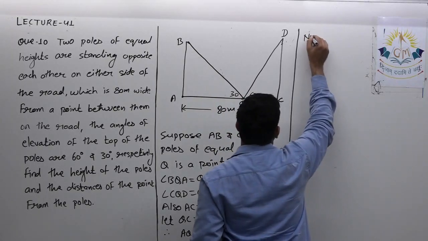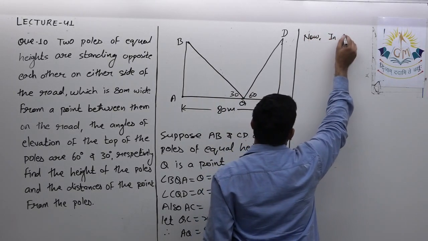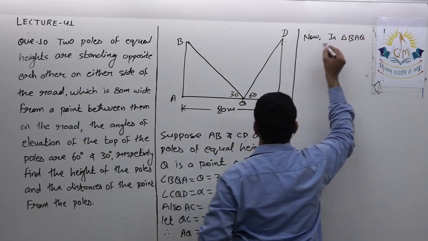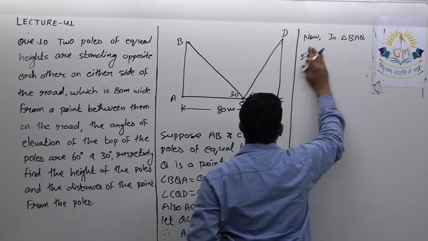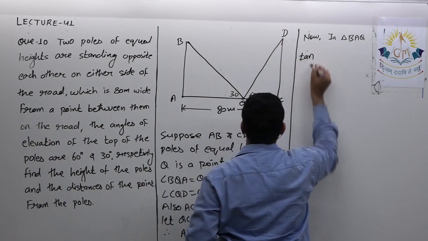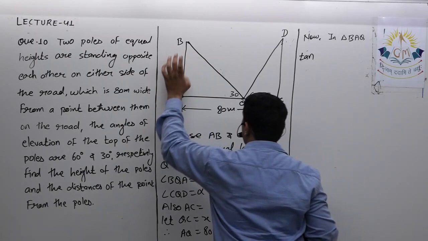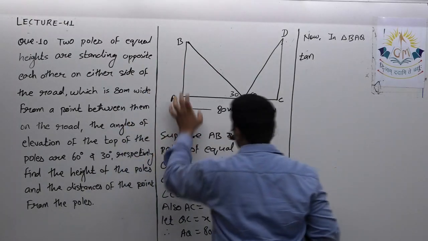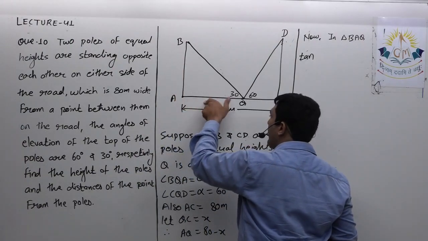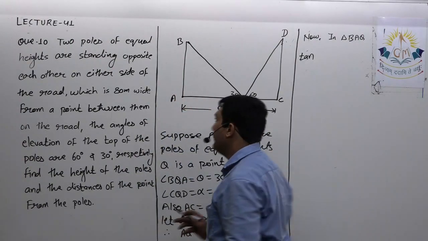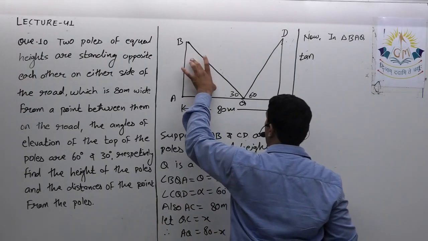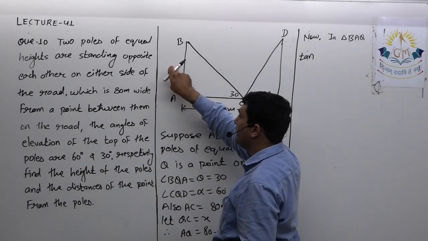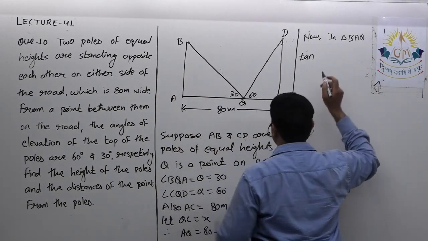So now in triangle BAQ, I can say tan, because although the perpendicular is not given, I have to find the perpendicular as well as the base, so I will apply tan. There isn't any meaning of applying sine and cos because they contain the hypotenuse. We have to apply the trigonometric ratio which contains perpendicular and base.